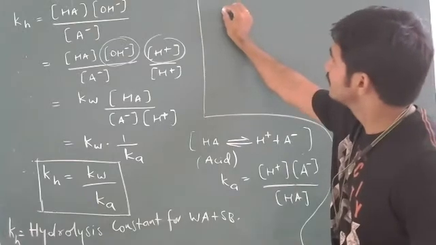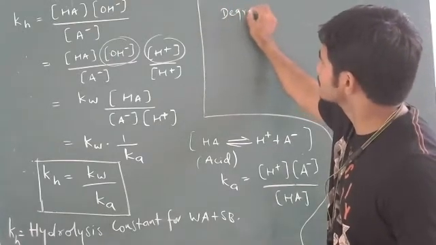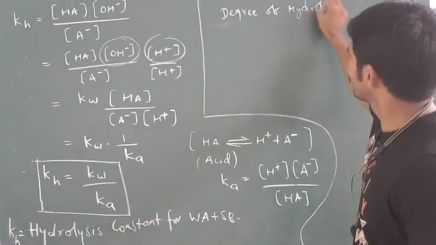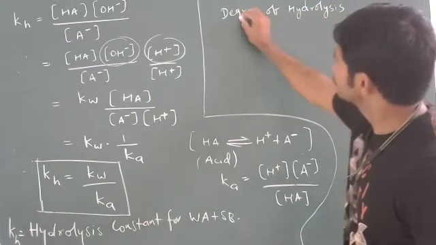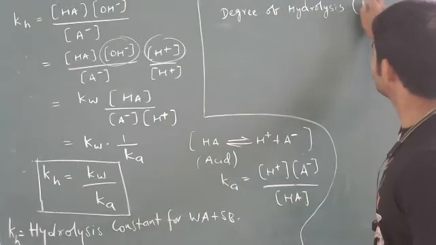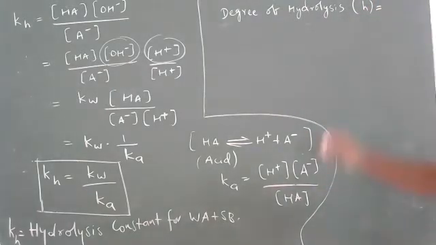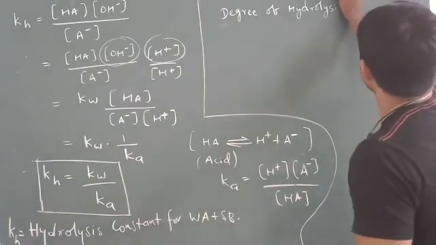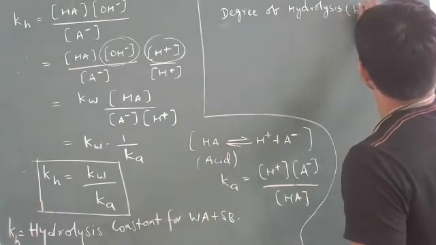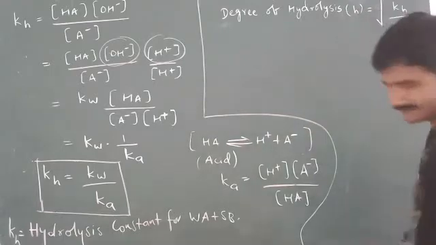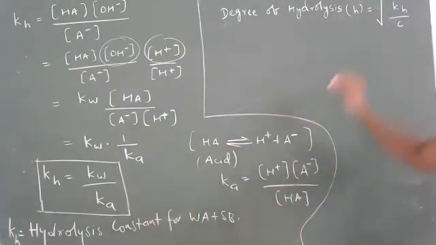Next I'll write degree of hydrolysis. Degree of hydrolysis can be taken as h. The formula is h equals root of KH by C. This is a standard formula.